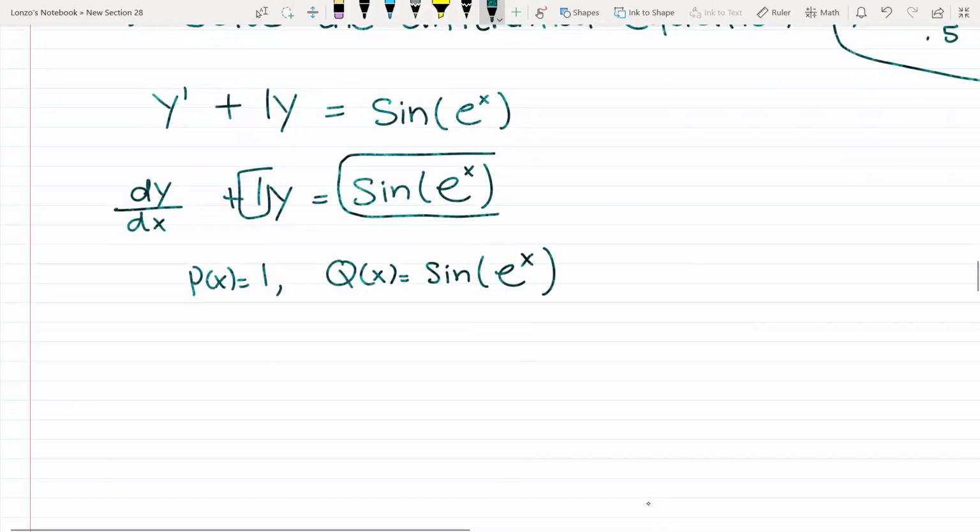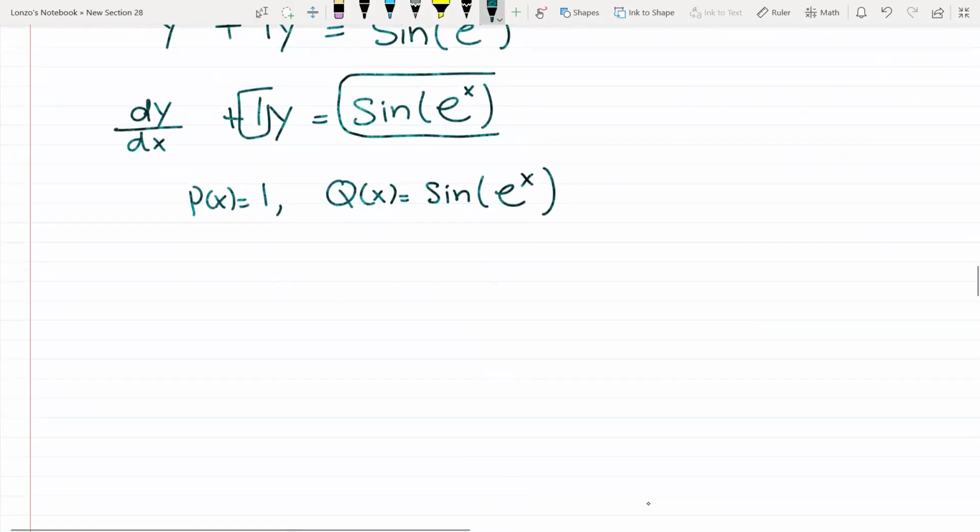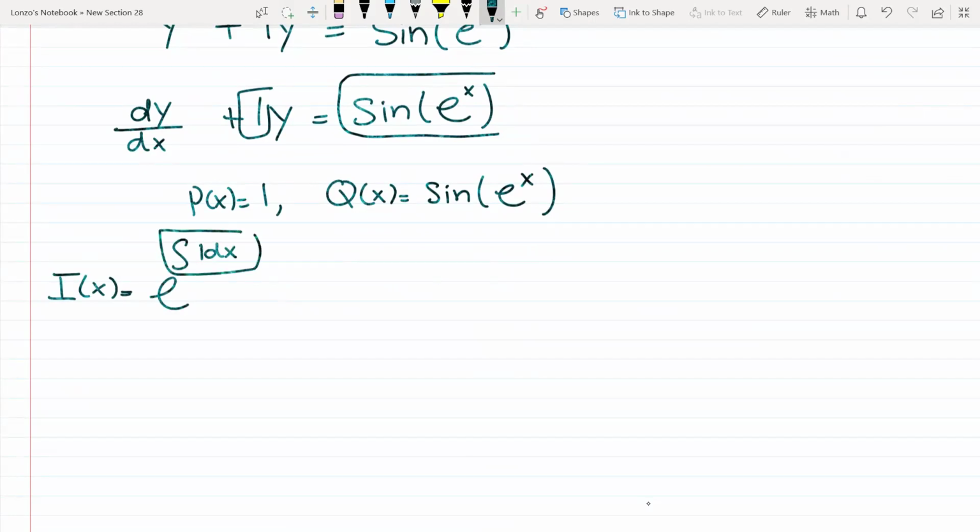Now I'm going to find my integrating factor. I of x is e to the integral of p of x, which is 1 dx. And what is the integration of 1 dx? It is just x. So this just becomes e to the x.